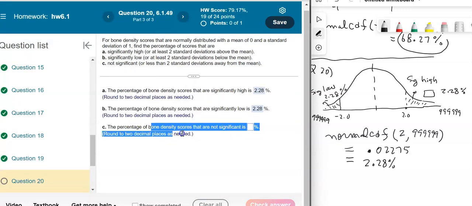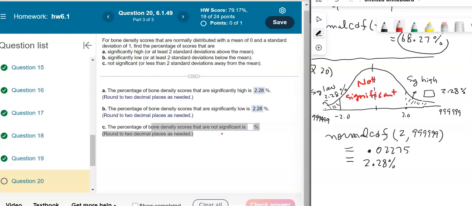Now, the percentage of bone density that is not significant, in the middle. Well, that is actually 1 minus twice 2.28%. 1 means 100%, okay?